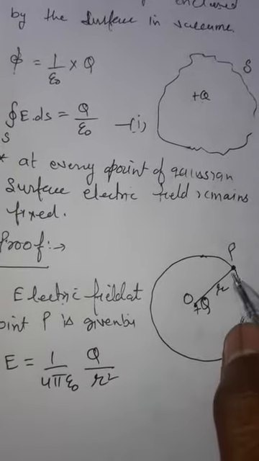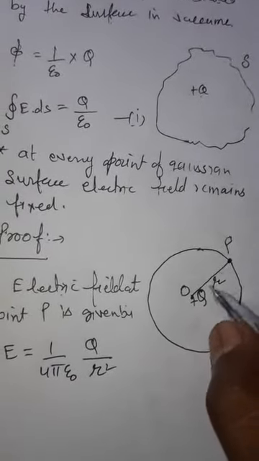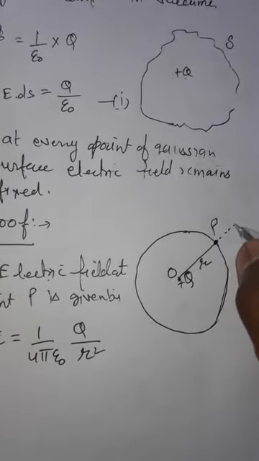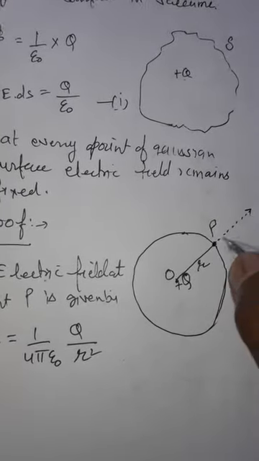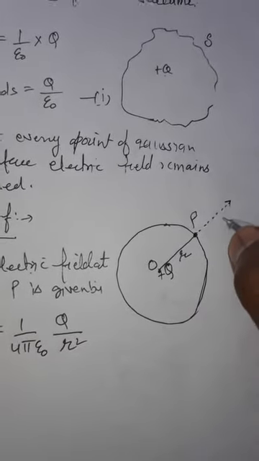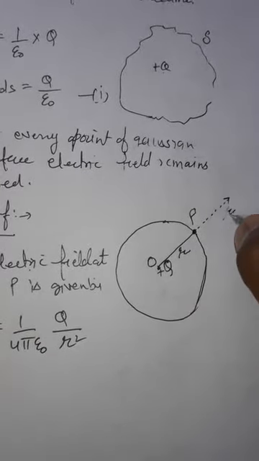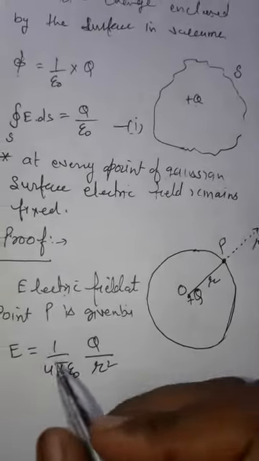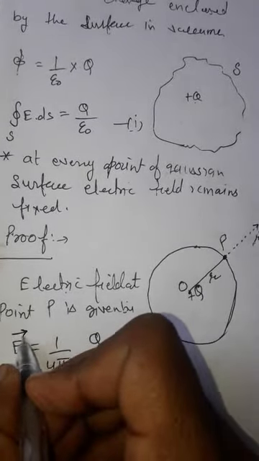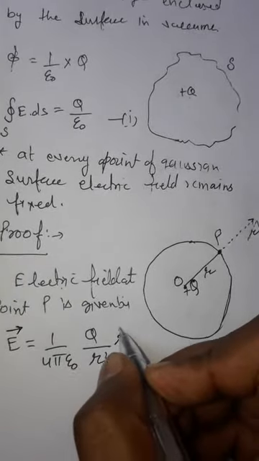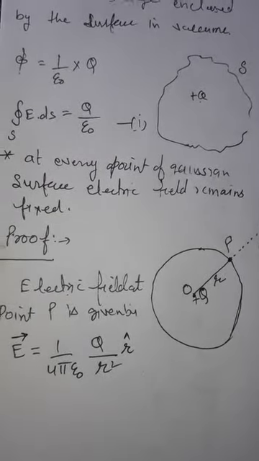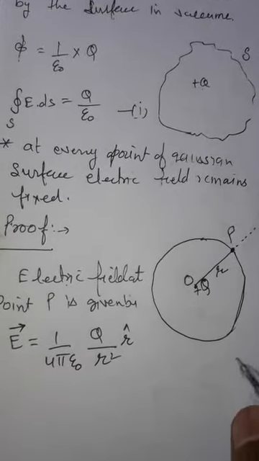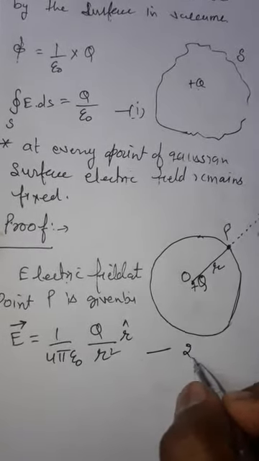This is the magnitude of the electric field at this point. As it is a positive charge, its direction must be in the direction of the normal or radius vector, represented by the unit vector r cap. This is equation second.